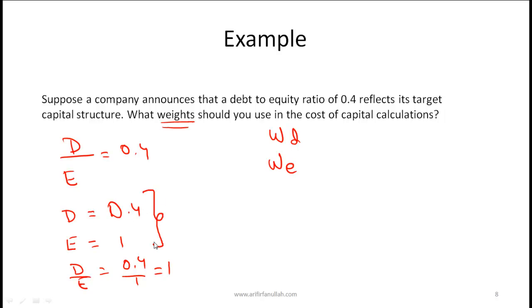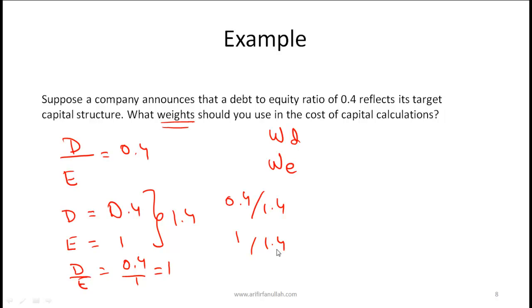So what is our total funding, debt plus equity? It is 1.4. So debt as a percentage of total is 0.4 divided by 1.4, and equity as a percentage of total is 1 divided by 1.4.